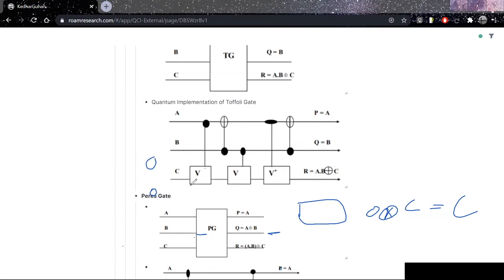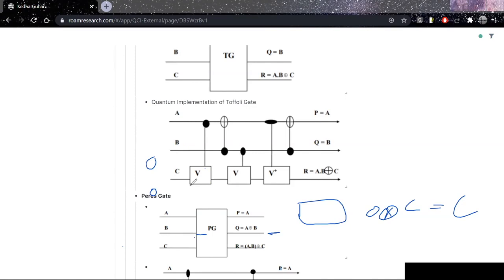But this frequency would be affected by the surroundings also, so it's not completely isolated. When there are two electrons with different spins, the frequency required to change the target electron's spin would be affected by the spin of the surrounding electron. So here the surrounding electron is the control bit, and the target electron is the target bit. Like that you can understand it physically.